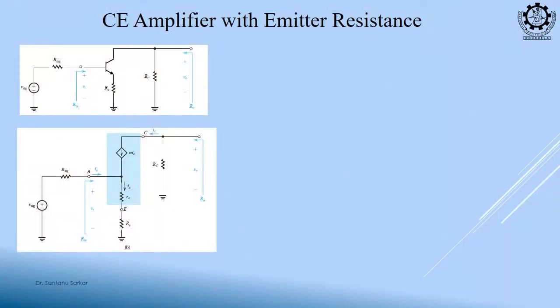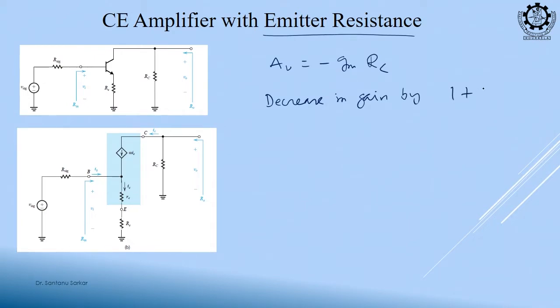So, next is finding the gain with the emitter resistance. Without emitter resistance, what did we find? AV is equal to minus Gm RC, that we found, right. With emitter resistance we will have a decrease in gain by 1 plus Gm RE times.